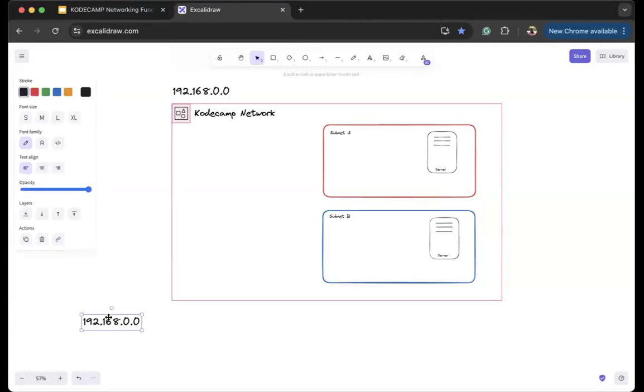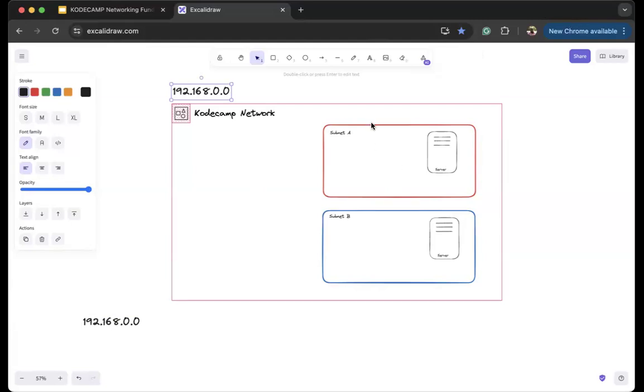So a subnet mask will tell you the portion of this IP address which belongs to the network, which specifies the network, and the portion which would talk about the hosts in the network, right?